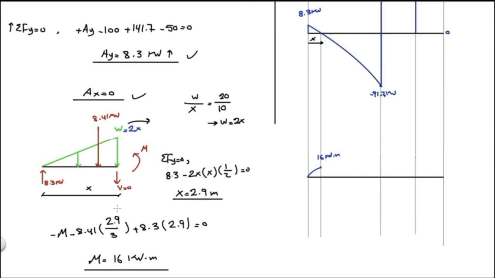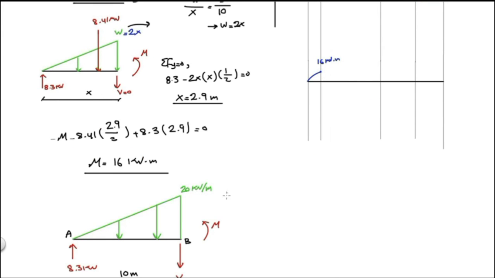Now let's take a section at point B. So this is section AB. And let's convert this distributed load to concentrated. So it's 100 kilonewton. If we take the moment about point B, we will have the following equation.